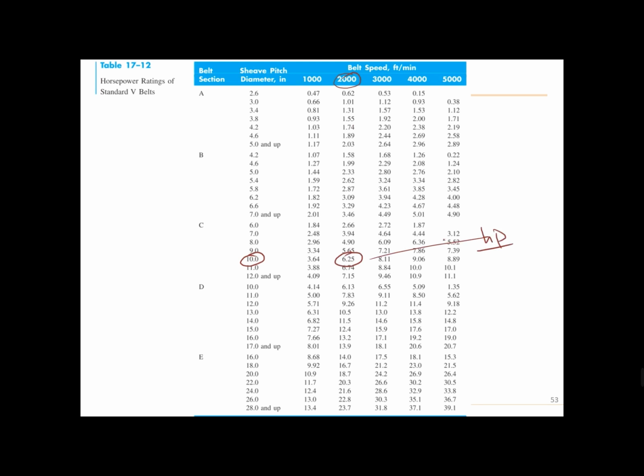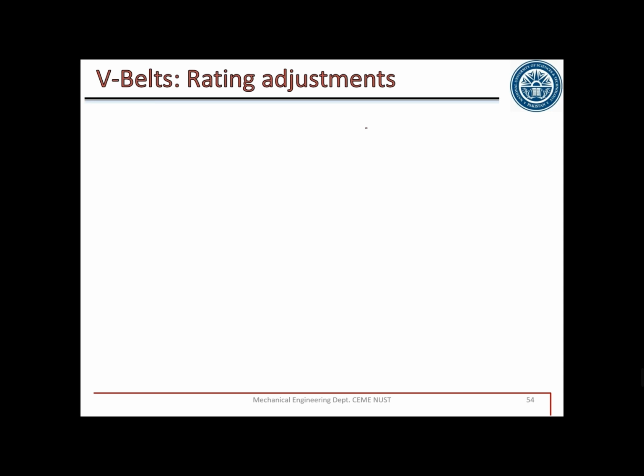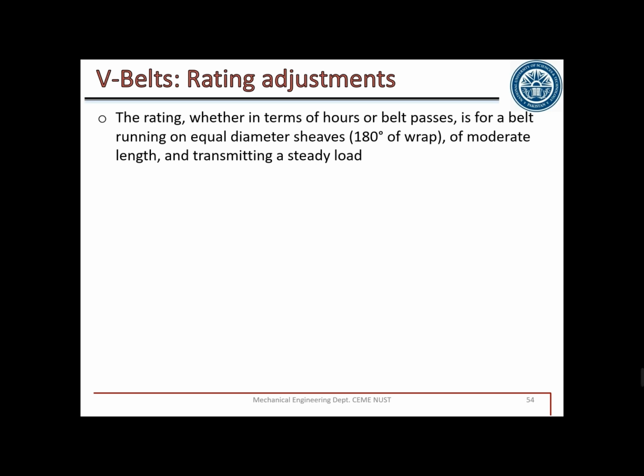SI edition books give this power value in terms of kilowatt, and the metric edition book gives this value in terms of horsepower. But all these values are taken assuming that the diameters of both sheaves are equal. If both sheaves have the same diameter, then the angle of wrap is 180 degrees.